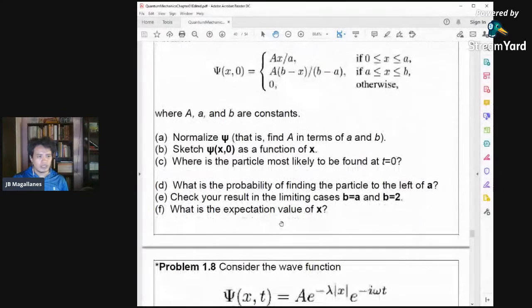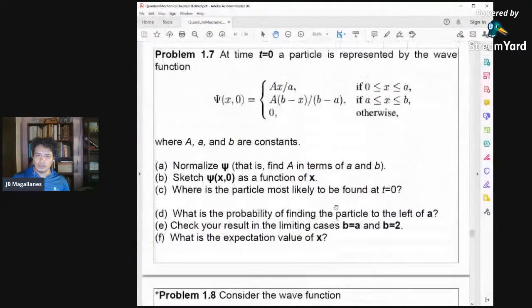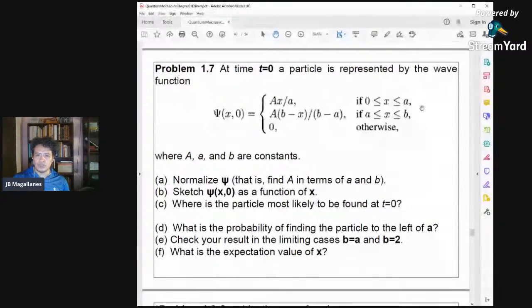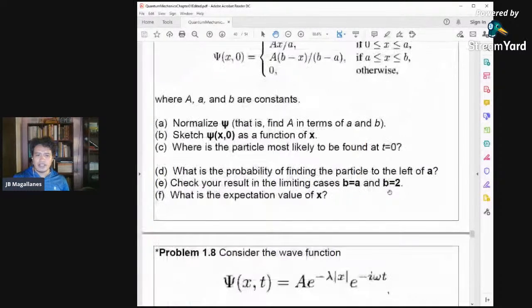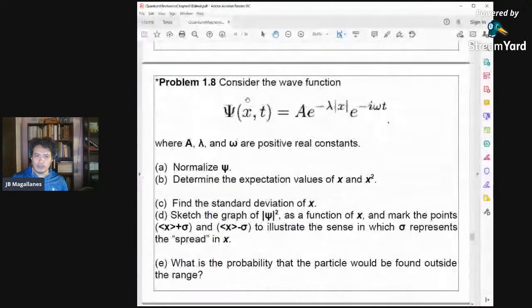You can try it at home, doing that for this particular wave function. And then you also have another wave function here, problem 1.8.